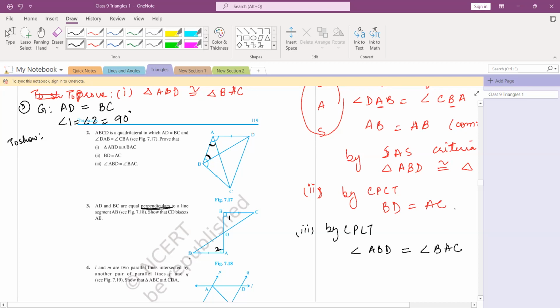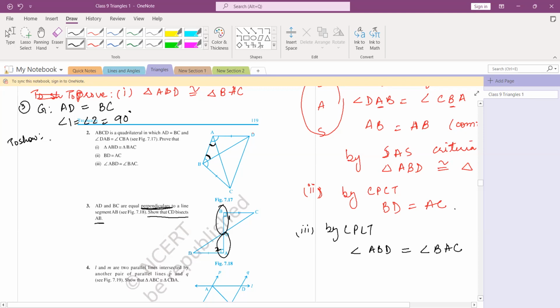So this is the complete line CD. It bisects AB. So that means you have to show that this side is equal to this side, right? Miraj, please try to understand this sentence. Show that CD bisects AB. That means this line CD, which is passing through AB, divides it into two equal parts.